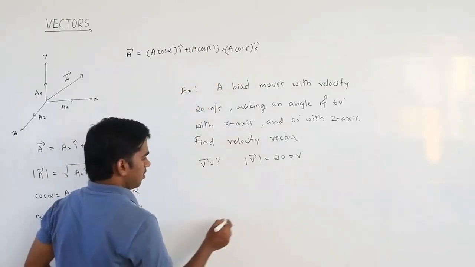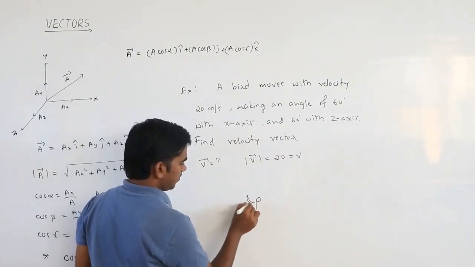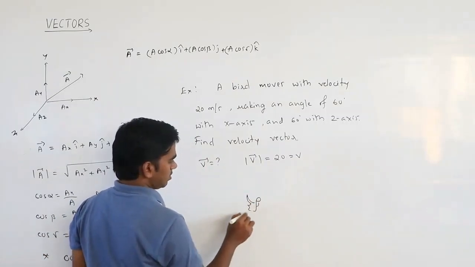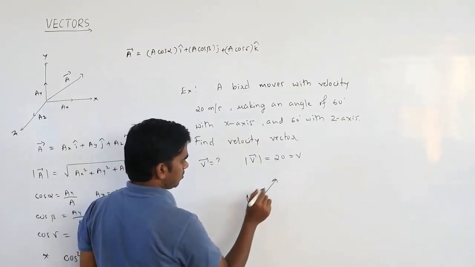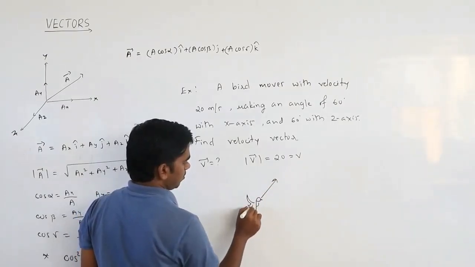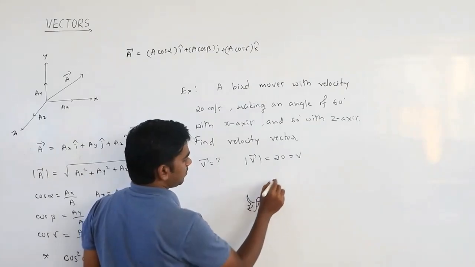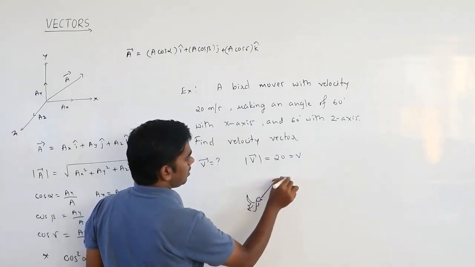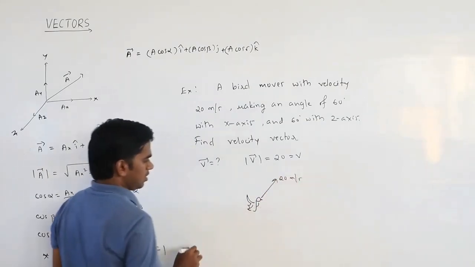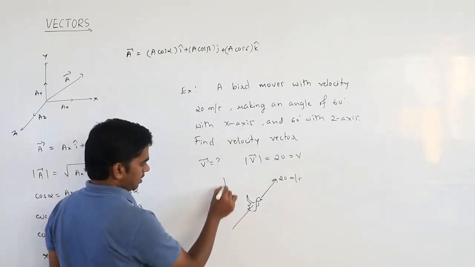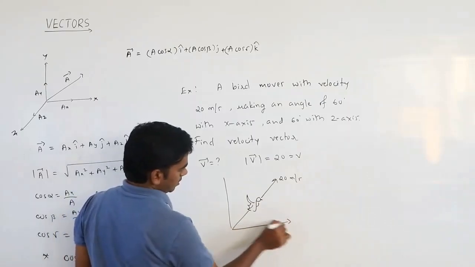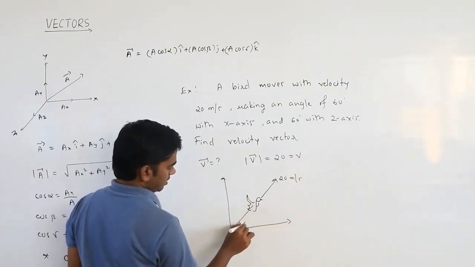Suppose this is a bird moving in this direction with a velocity of 20 meter per second. It is making an angle of 60 degree with the x-axis.